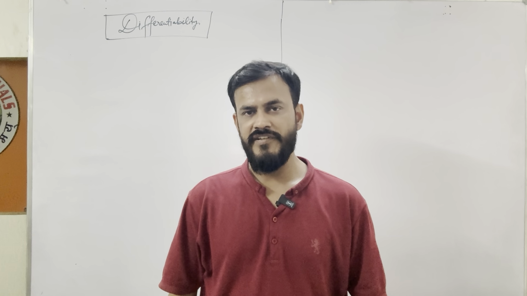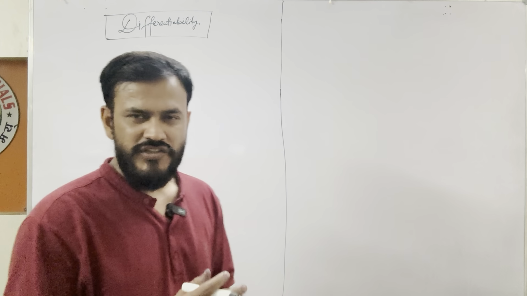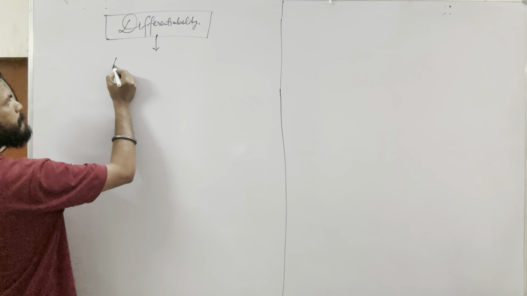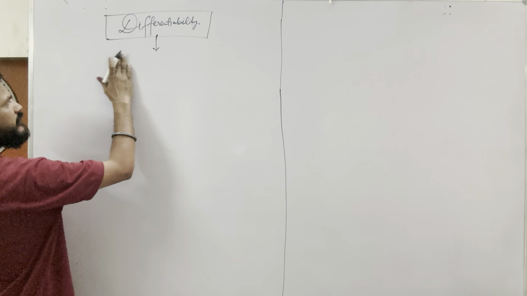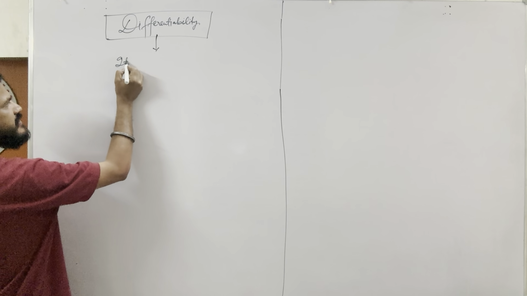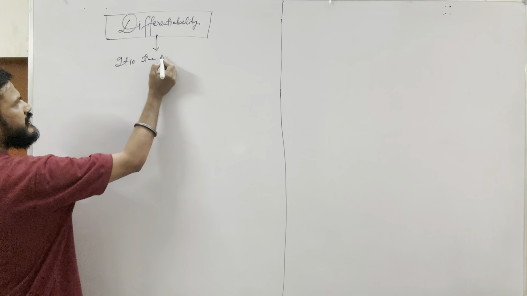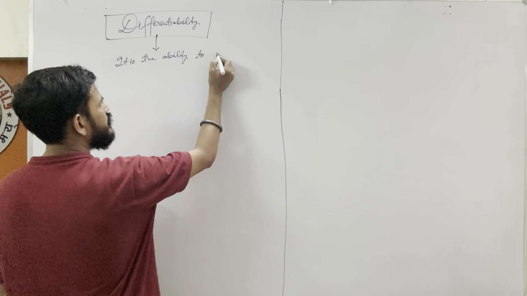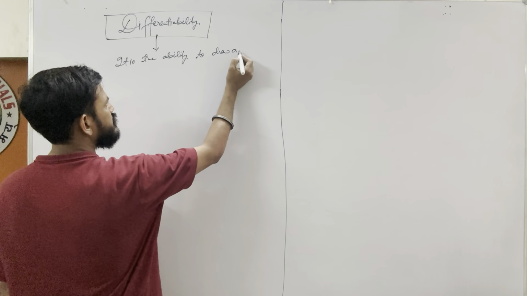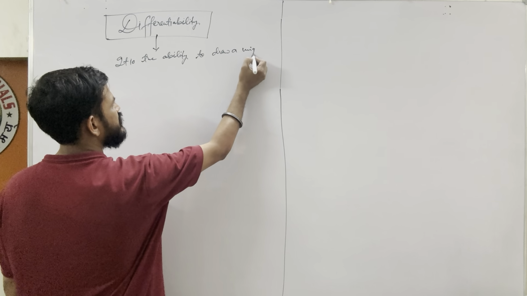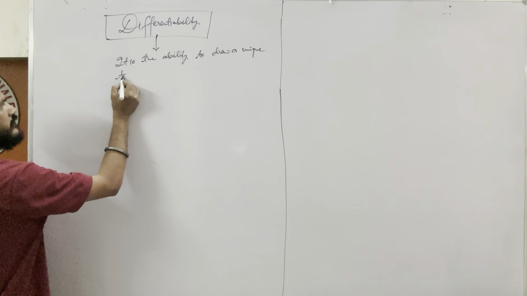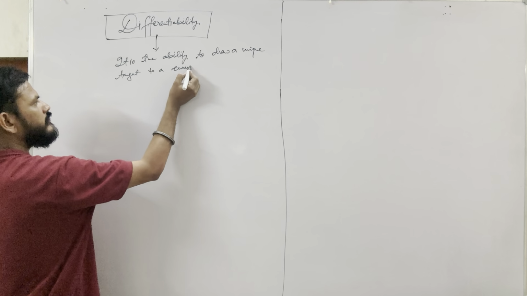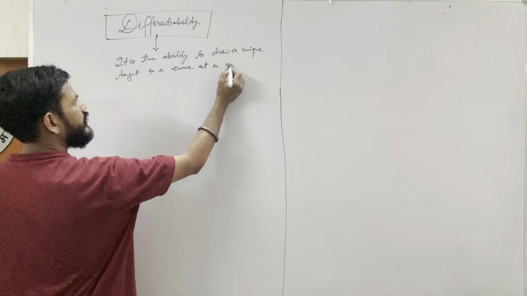Now we come to differentiability. We'll try to understand what differentiability means. It is the ability to draw a unique tangent to a curve at a given point.